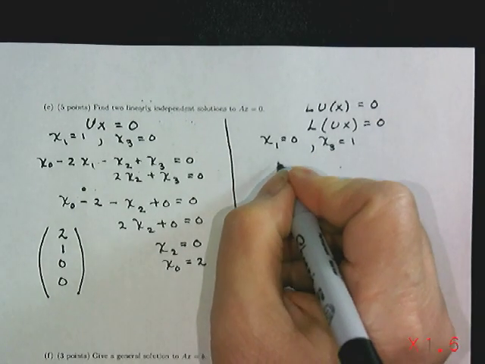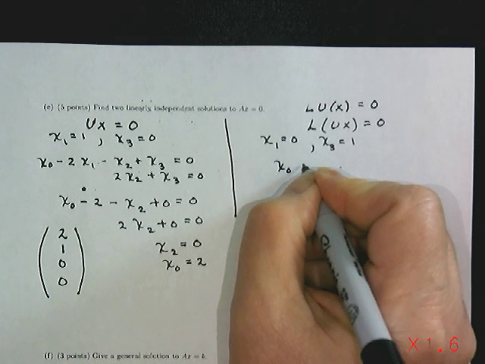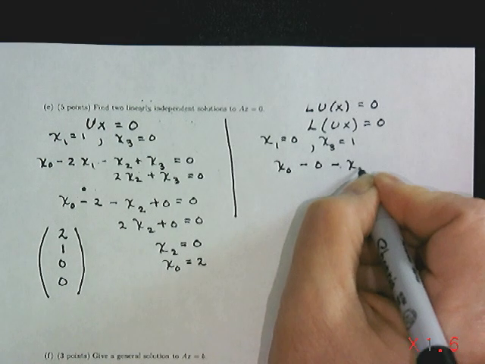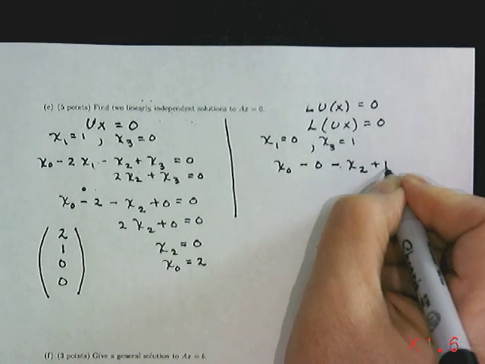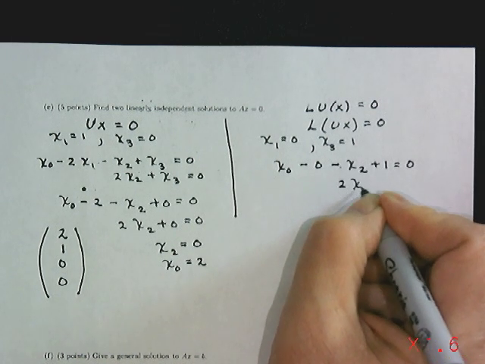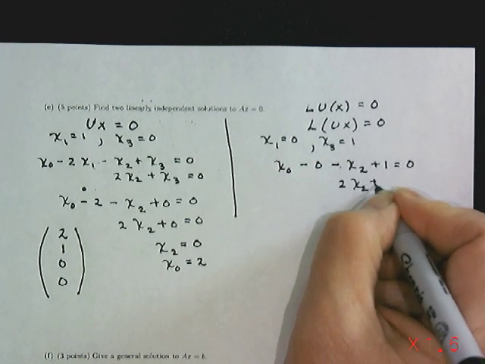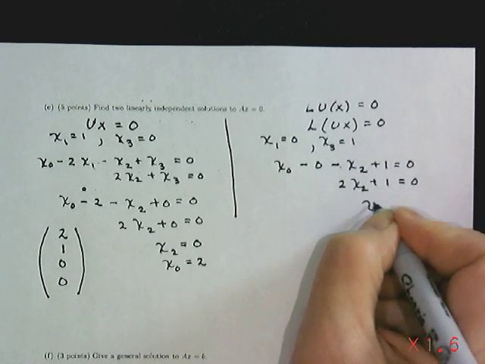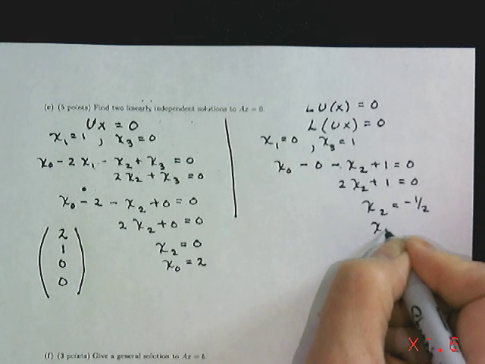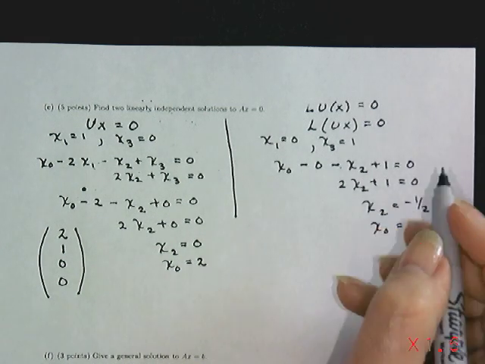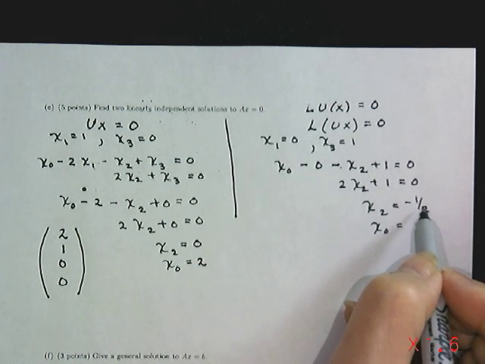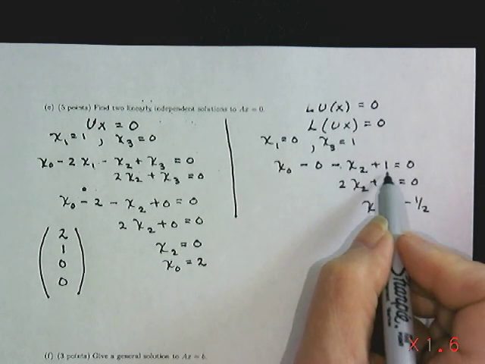Okay, now let's find the second solution in the null space. We would have chi0 minus 0 minus chi2 plus 1 is equal to 0, and also 2 chi2 plus 1 would be equal to 0. So chi2 is equal to -1/2, and chi0 would have to be, let's see, chi0 minus a negative 1/2 plus 1/2.